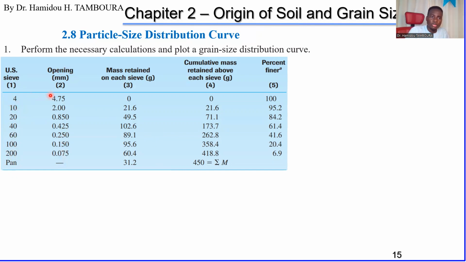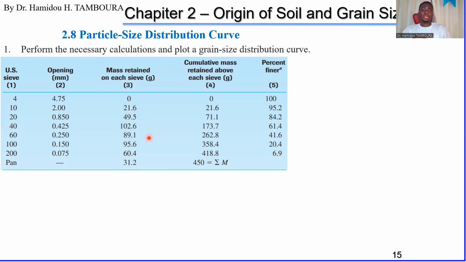So sieve number 4, the opening is 4.75. Number 10, 2, and so on. And then the exercise has given us the mass retained on each sieve, that is here. So we don't need to do anything.